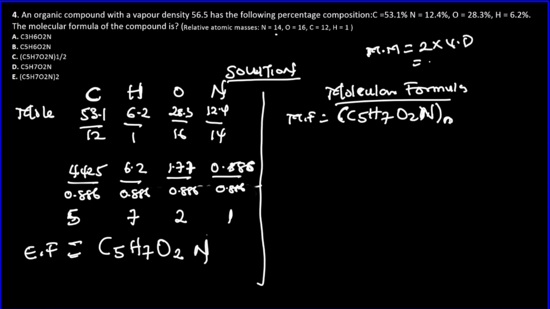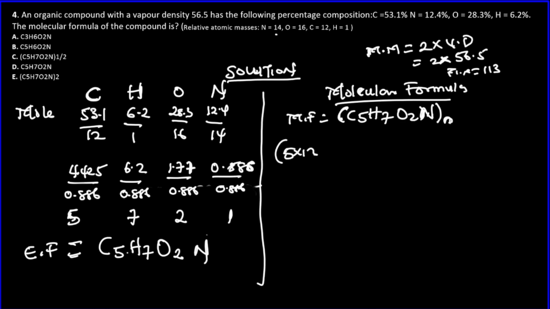So the molar mass of this will be 2 times 56.5. 56.5 times 2, that's 113. So we already know that the molar mass is 113. So relative molecular mass, let's find it. We have 5 times 12.